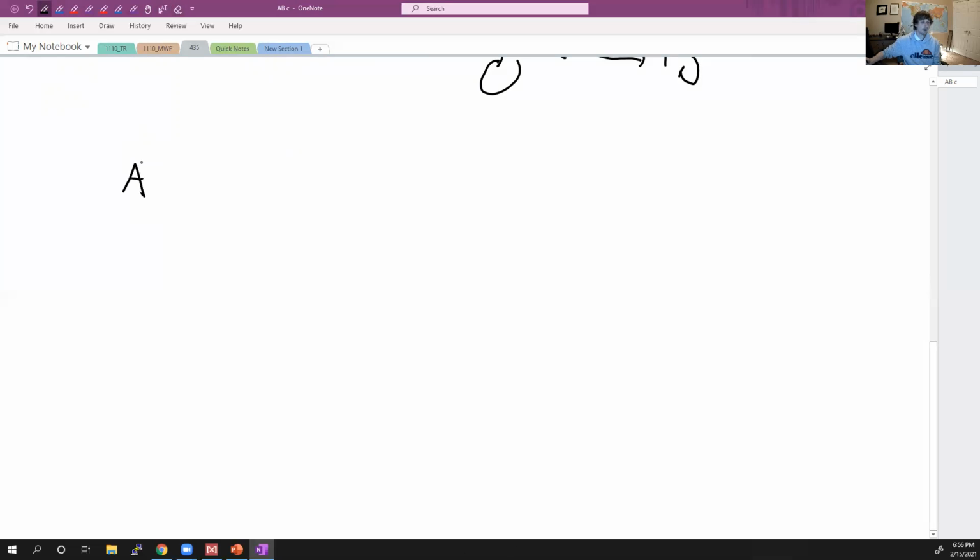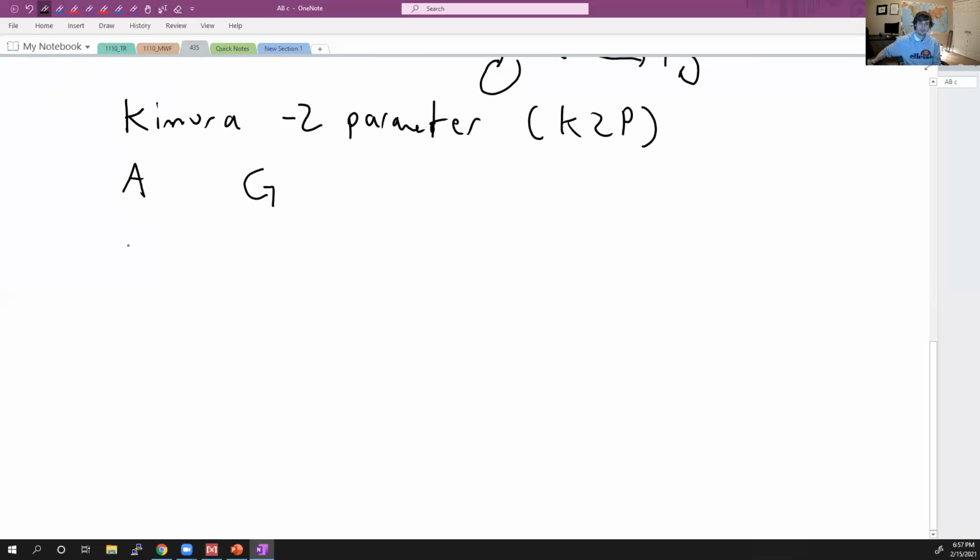The model is named after Kimura, who derived this first, and it's the Kimura 2 parameter model, or K2P. This is simple, but again, it takes into account a transition and a transversion rate.